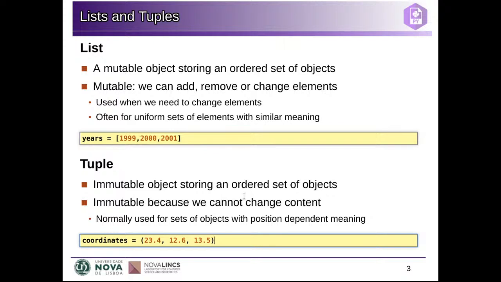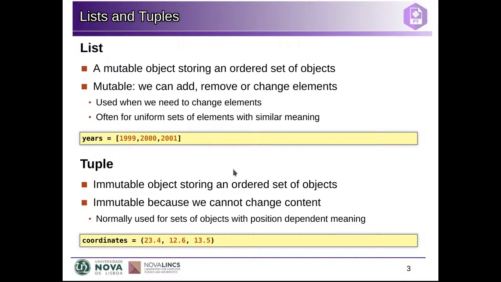So this is normally used when you don't need to change anything there, and when the objects have a meaning that depends on position. For example, if you have coordinates x, y, and z, then it would not be a good idea to be able to delete one, because then you don't know what the other two are exactly. So in this case, if you use an immutable object, you have this advantage.